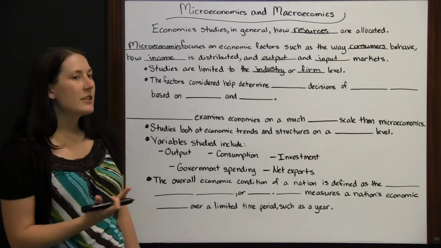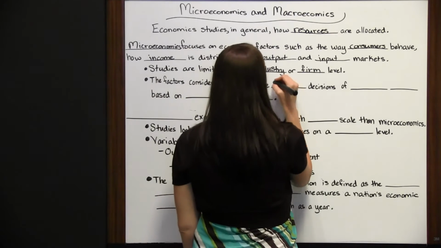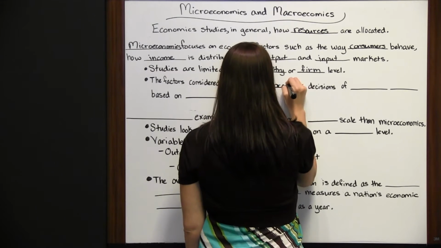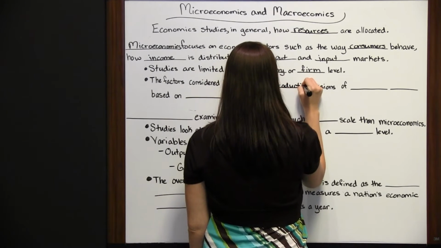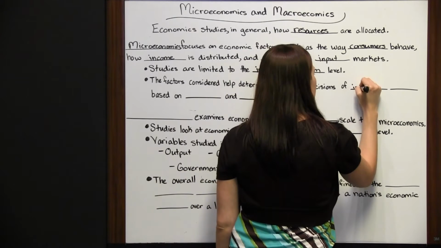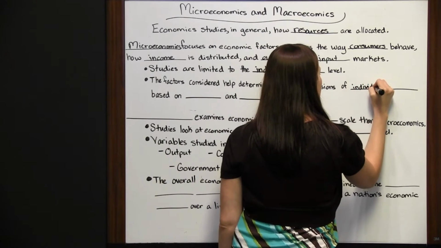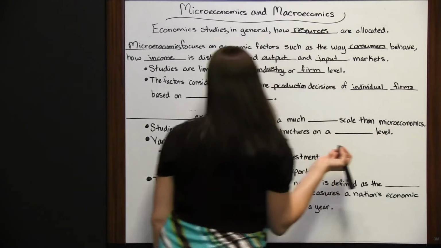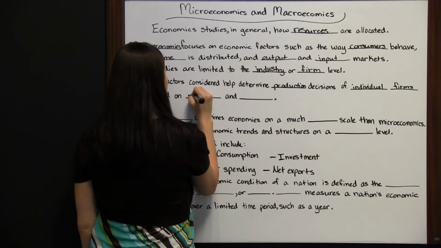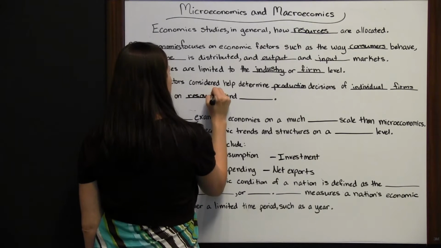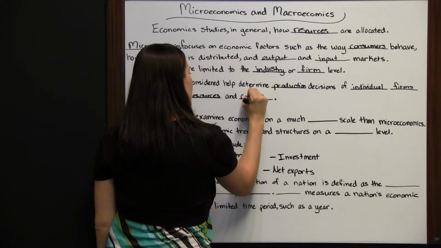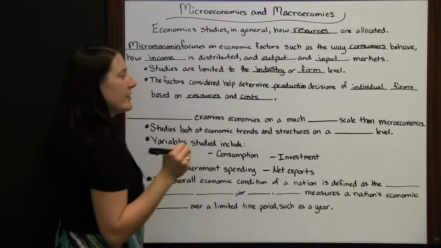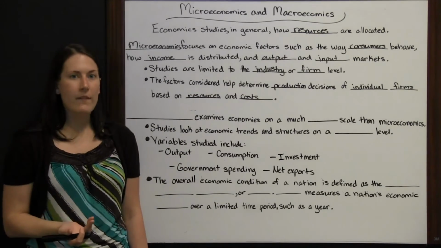The factors considered help determine production decisions of individual firms or companies based on their resources and the cost that they would have to put in to be able to make a profit.